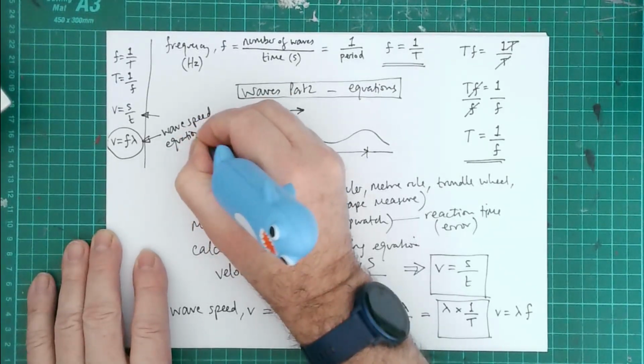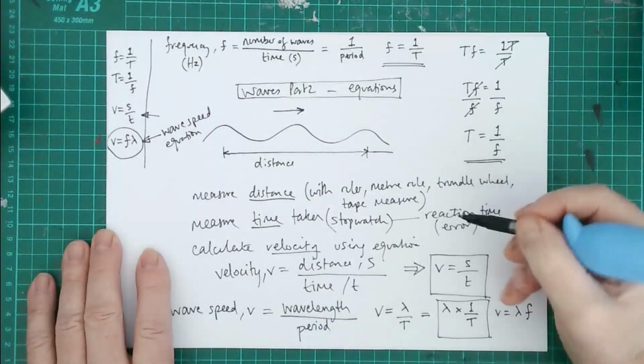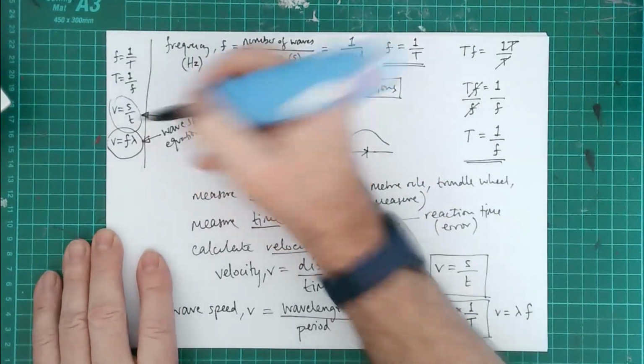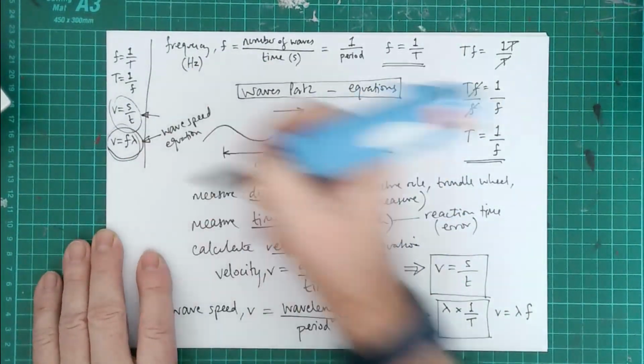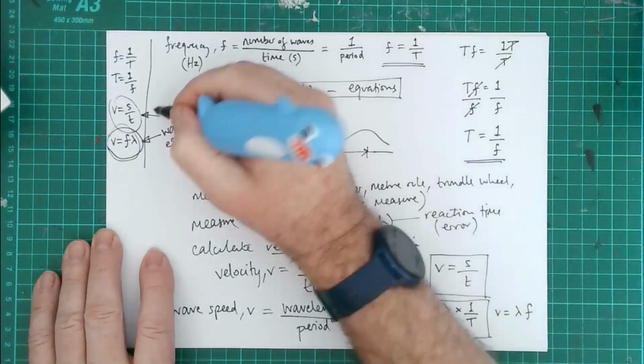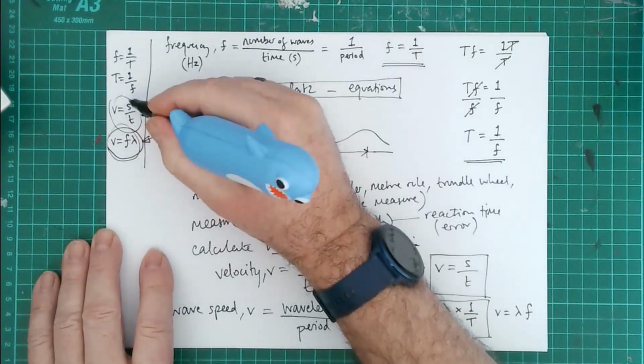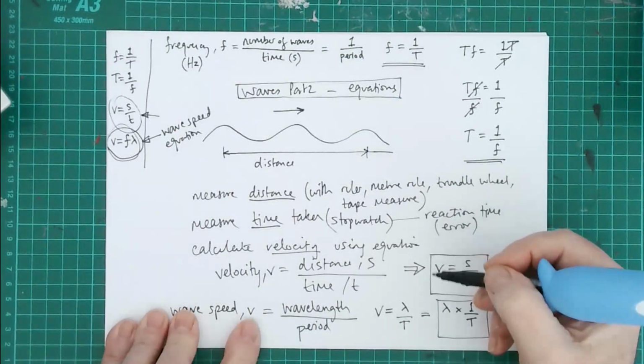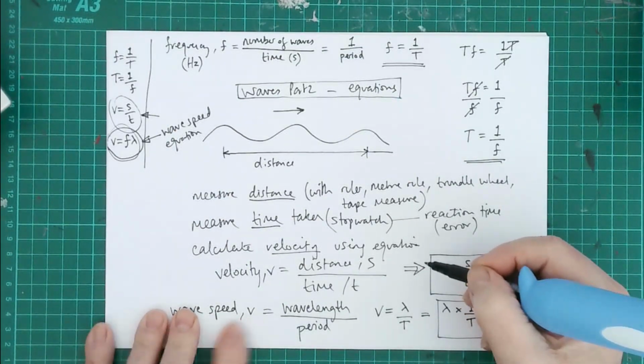But of course the importance of identifying your quantities in a question will dictate whether you need to use this one or this one. Word of warning with regards to using v equals distance over time: make sure you're using the total distance travelled by the wave.